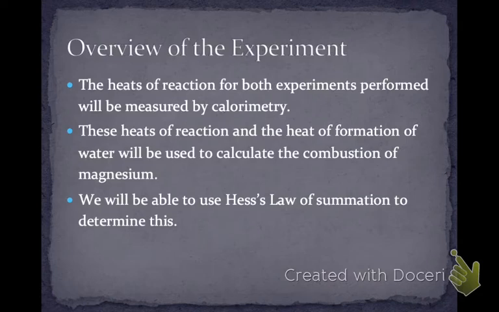It's hard to determine the combustion of magnesium, basically just burning magnesium in a flame, so we can use these three different reactions and Hess's law of summation to determine what that delta H would be for that final reaction.